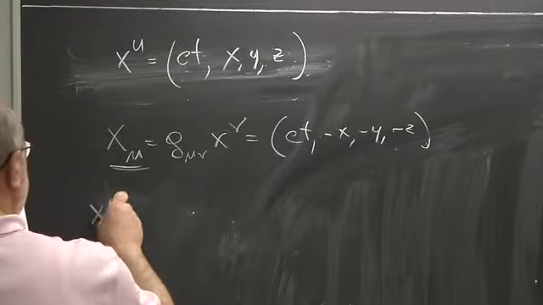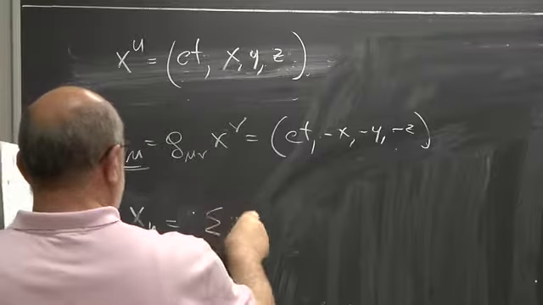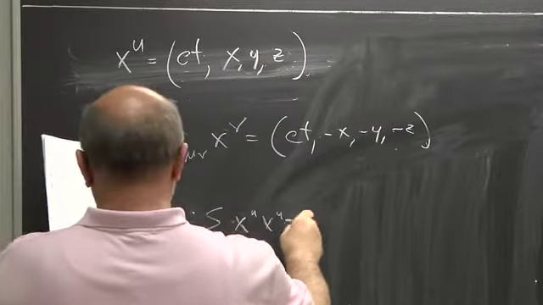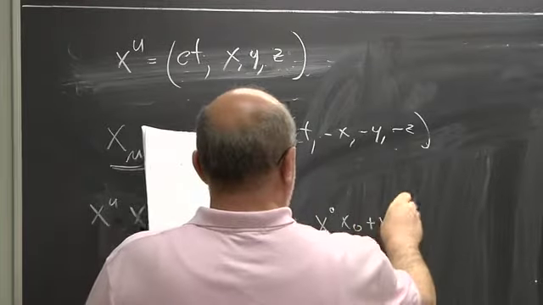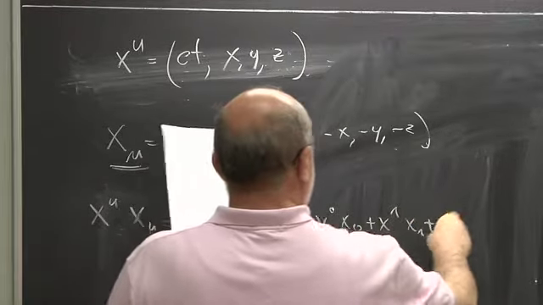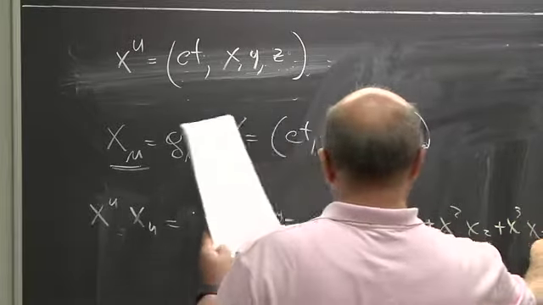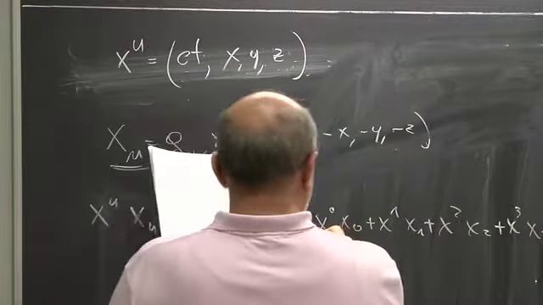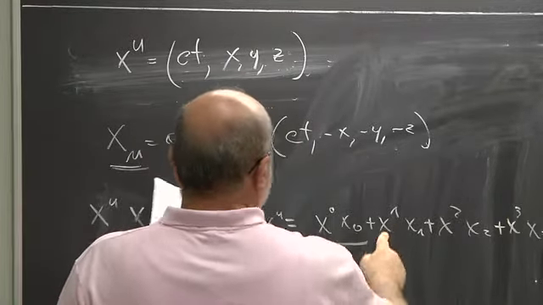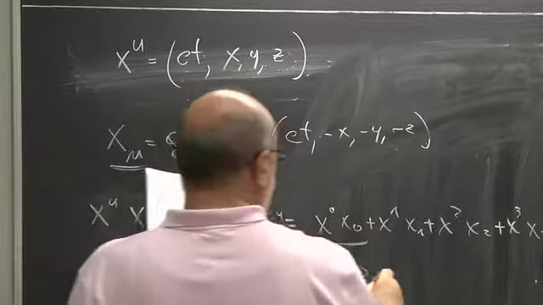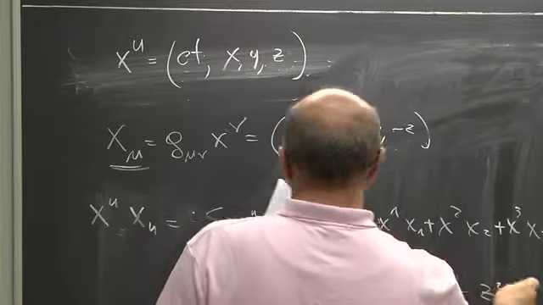Then x mu is really a sum, x0 plus x1 plus x2 plus x3, and then this quantity is ct squared. Then one is plus and one is minus, so I get minus x squared minus y squared minus z squared.